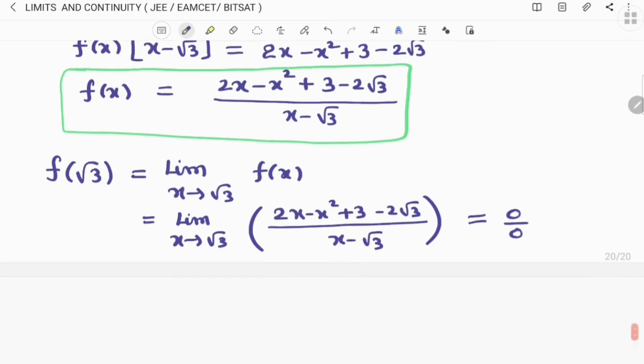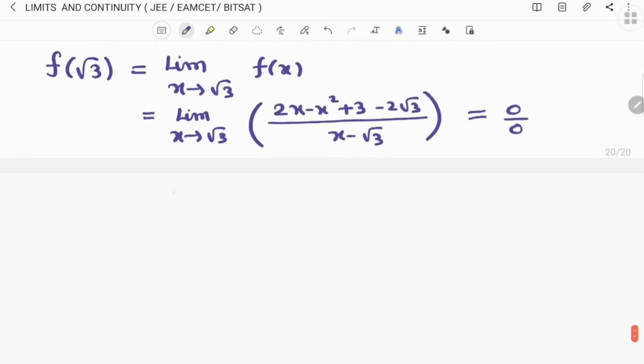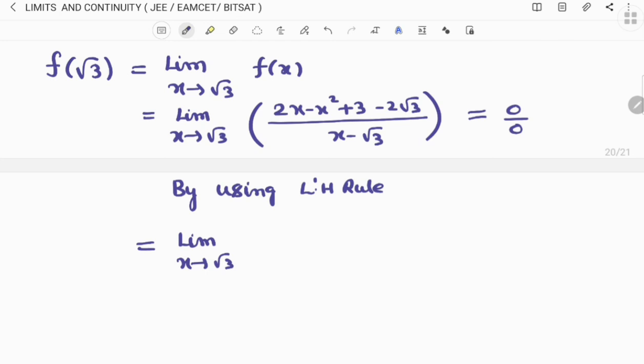Whenever we get an indeterminate form, we use L'Hospital rule: differentiation of numerator divided by differentiation of denominator, and then apply the limit. So d by dx of 2x is 2, minus d by dx of x square is 2x, d by dx of the constant term is 0.